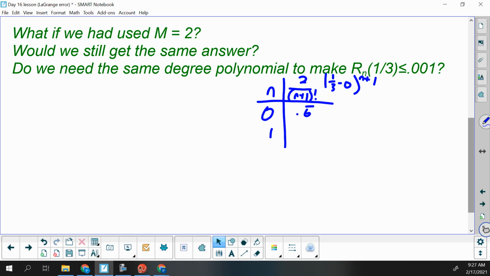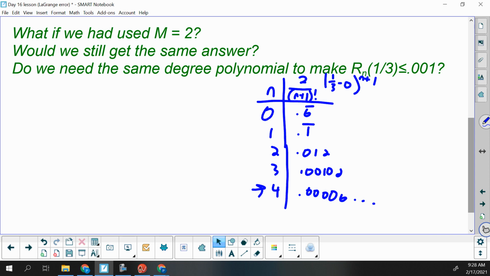We would have gotten 1 equals 0.1 repeating. We would have gotten 2 is 0.012. 3 is 0.00102, so that still wasn't enough. 4 was 0.00006. So we still would have gotten that the 4 was the same one. That won't necessarily always be the case if you pick a different m, but in this case it was.